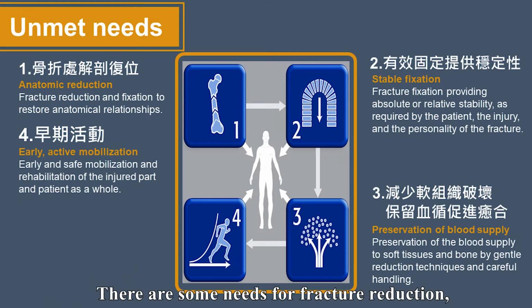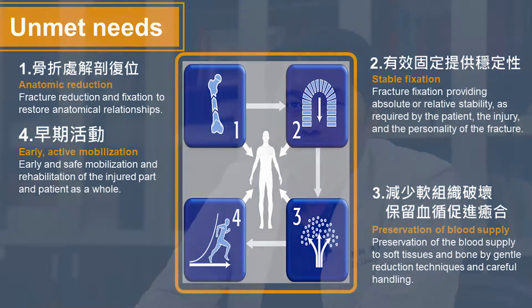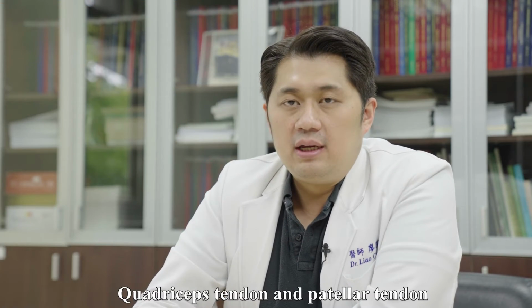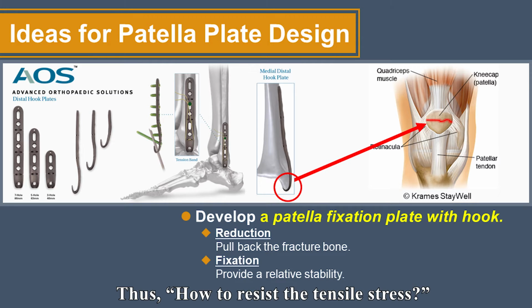There are some needs for fracture reduction, including anatomic reduction, stable fixation, preservation of blood supply, and early mobilization. The quadriceps tendon and patellar tendon produce a large tensile stress, leading to more displacement when a patella fracture occurs. Thus, how to resist the tensile stress has become a clinical problem.